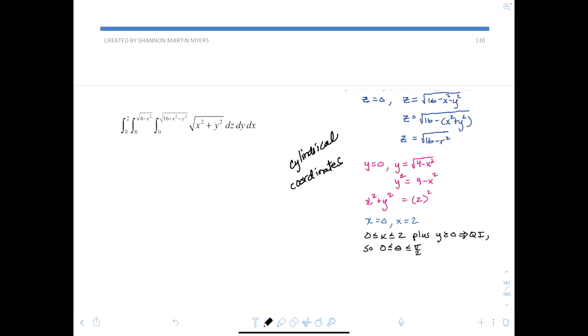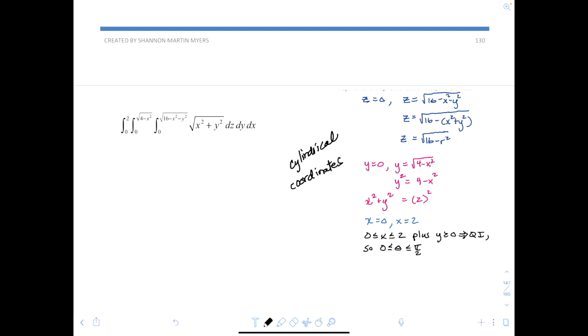All right, so now going from cylindrical coordinates to spherical coordinates, if you need to review a little, you can go to what was it, 11.7, I think.